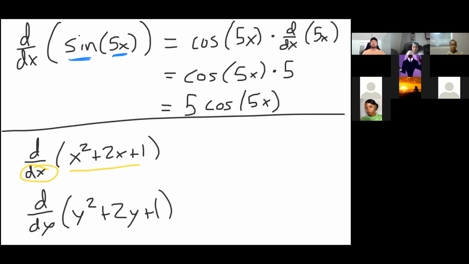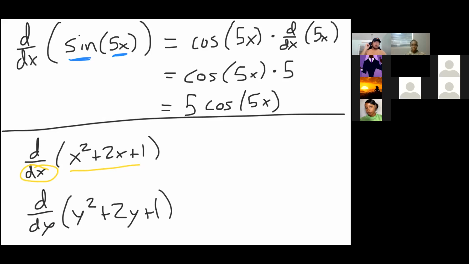As we've seen in the homeworks, it follows the same thing, right? As long as you're differentiating with respect to that variable, you follow the same rules. So if I looked at the top one, the derivative with respect to x of x squared plus 2x plus 1, I would apply my power rules and constant rule and all that stuff to get 2x plus 2.